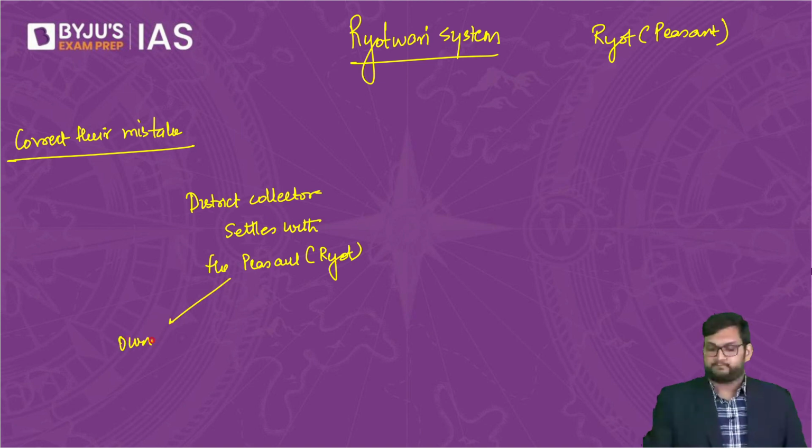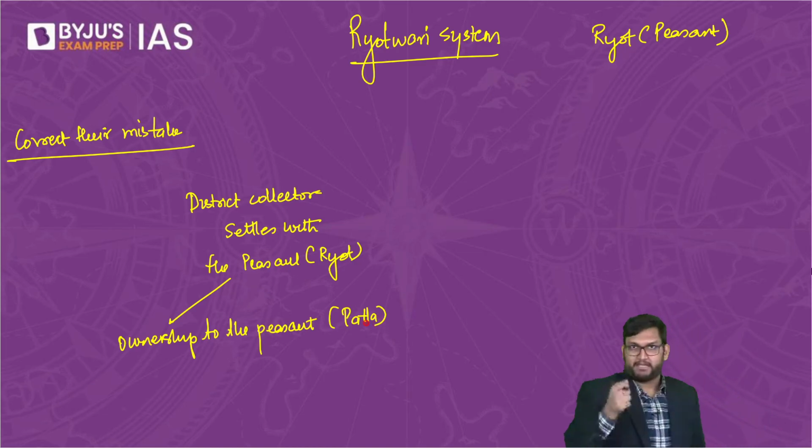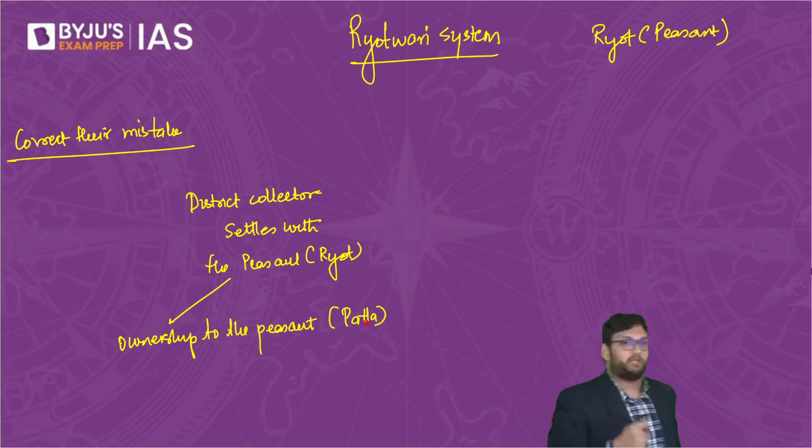ownership to the peasant, which is called patta. Till today, if you want to buy land, you have to take a patta. Patta means that you have the ownership to the land.